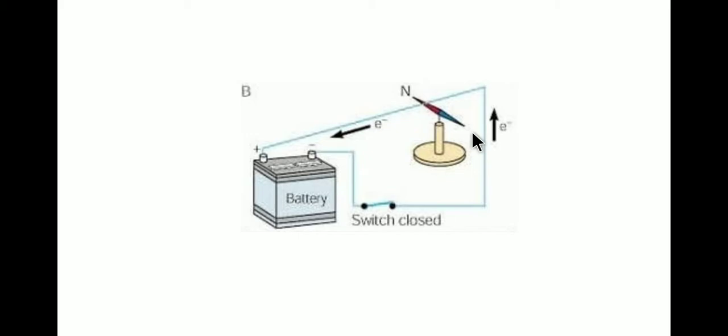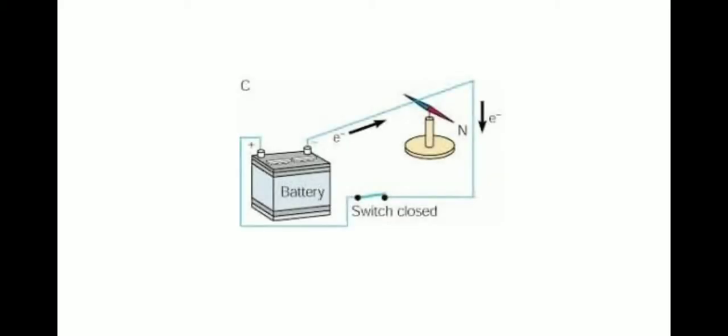In the next step, when the direction of the current is changed, that is when the terminals of the wire are swapped, the positive is made negative and the negative is made positive, the current starts flowing in the reverse direction.